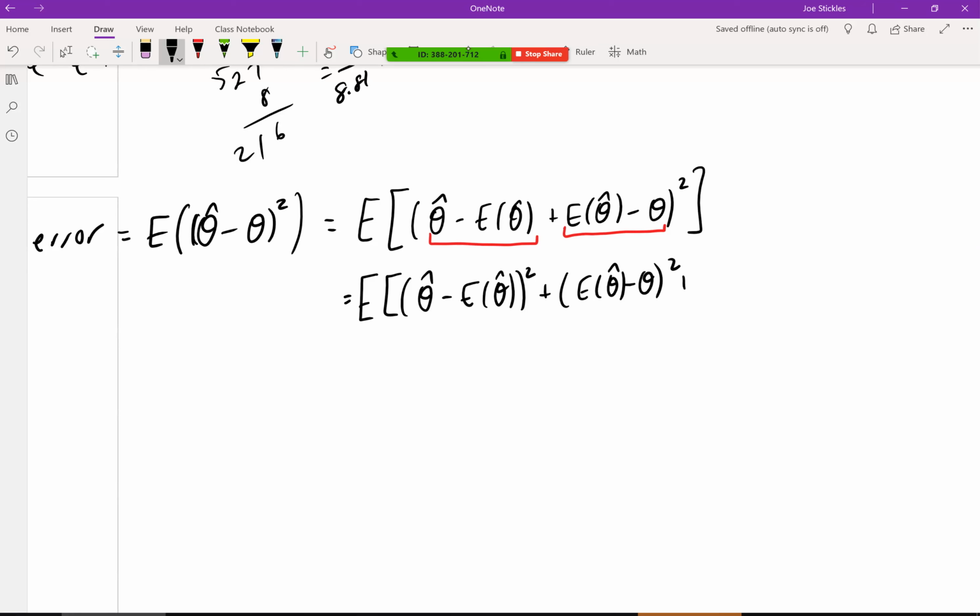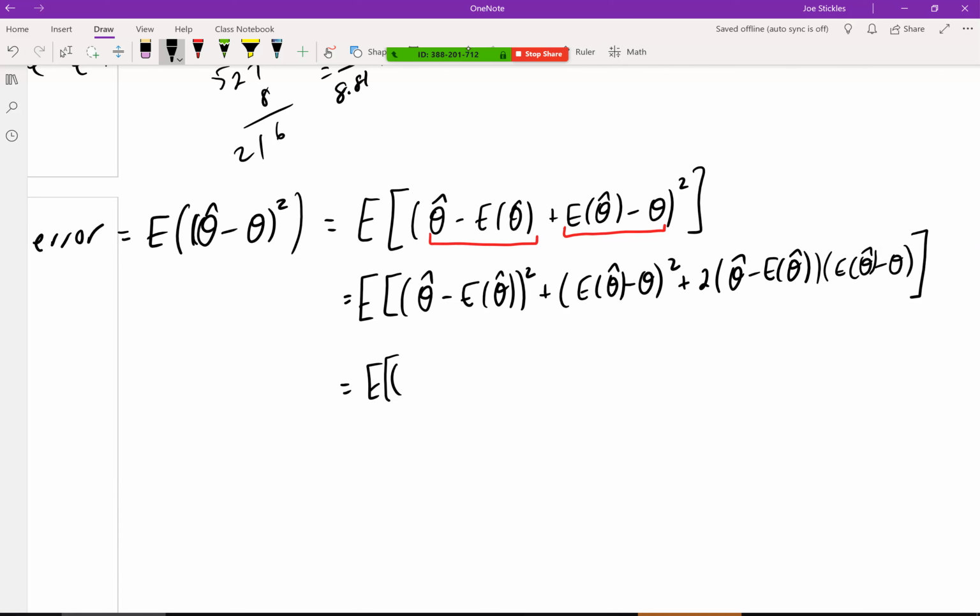So I'll have a plus 2 times (theta hat minus expected value of theta hat) times (expected value of theta hat minus theta). Oops, forgot to put this bracket there. Okay, so now let's break this into pieces.